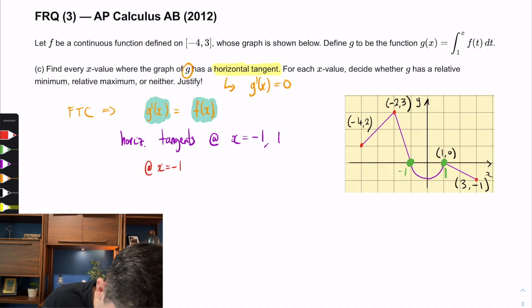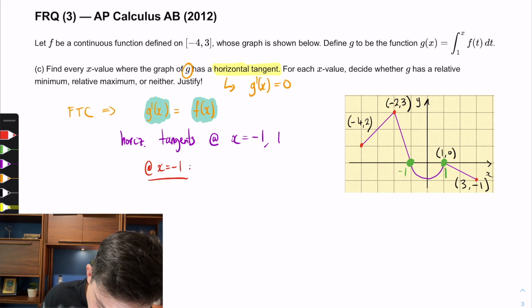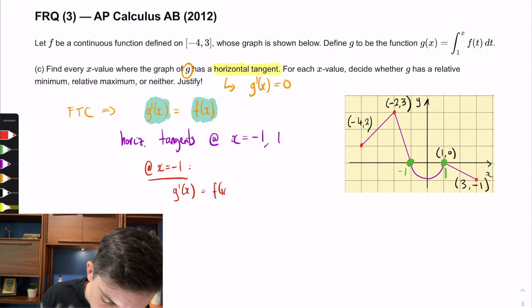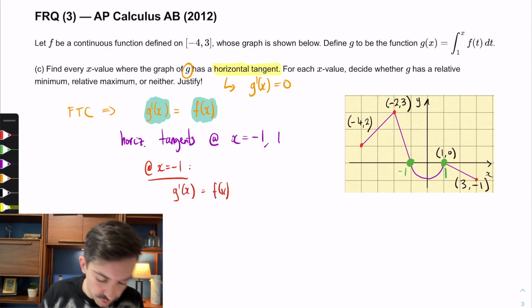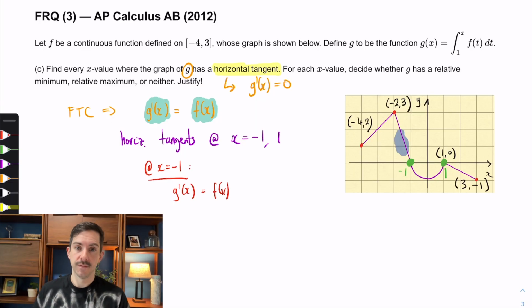So at x equals negative 1, notice that g prime of x, which is f of x, as we already decided, changes from being positive values, right?